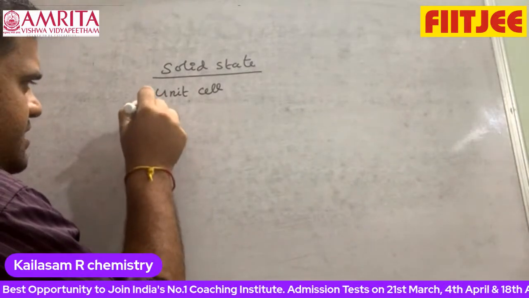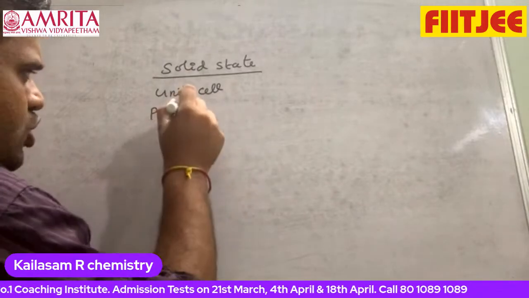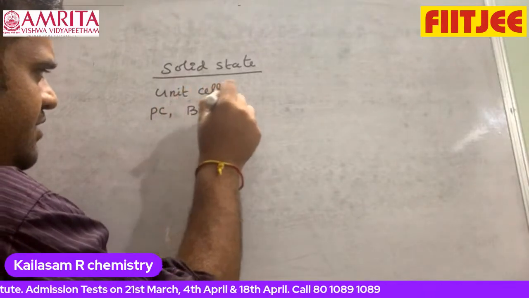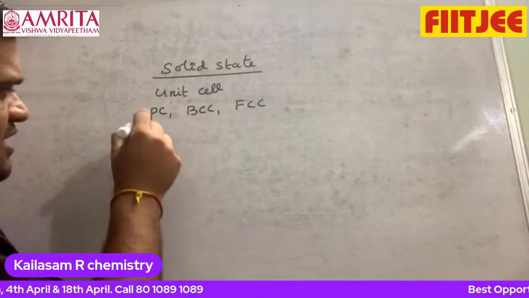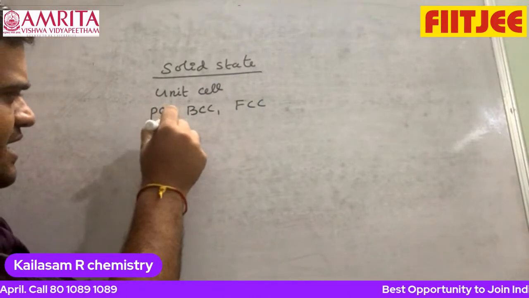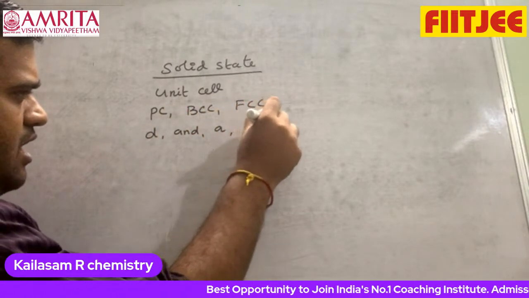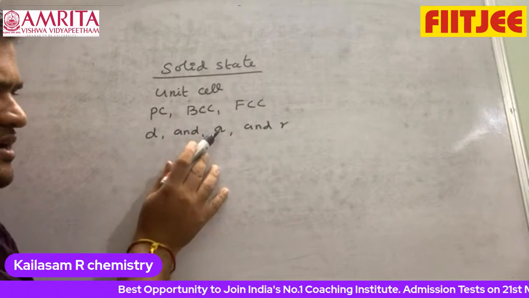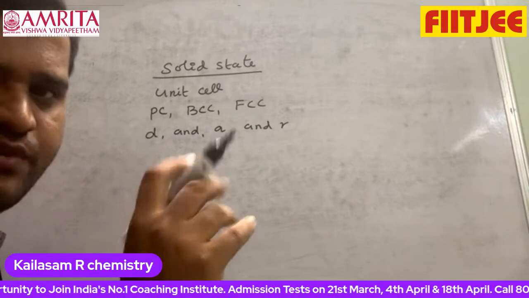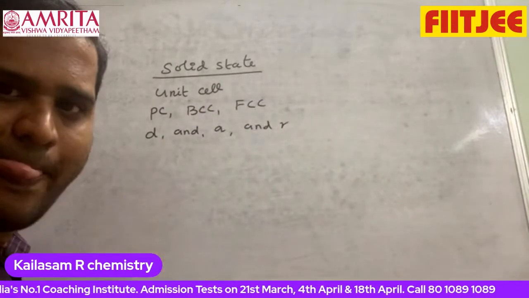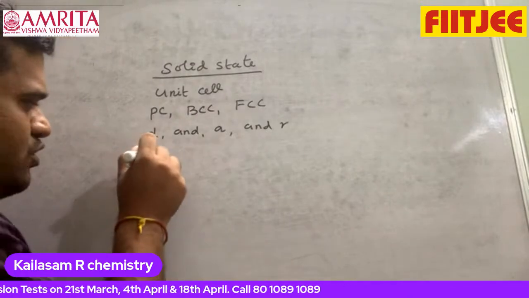Then we'll go with the primitive cell. After the primitive cell, we can go with BCC, and FCC, and the relation between d and a, and r, the radius, and a, and the distance between the two nearest neighbors. Then after that we can go to the density calculation.